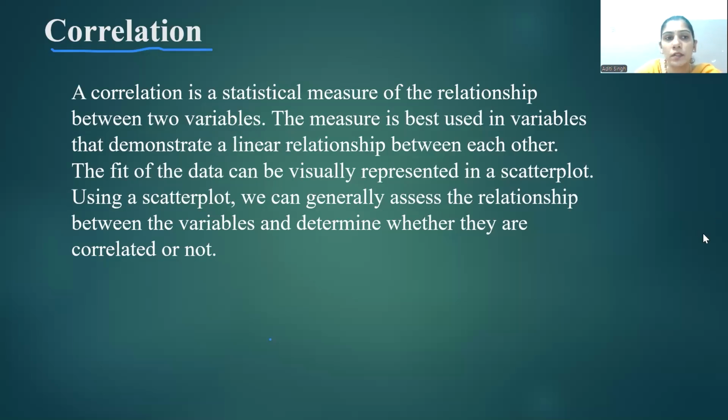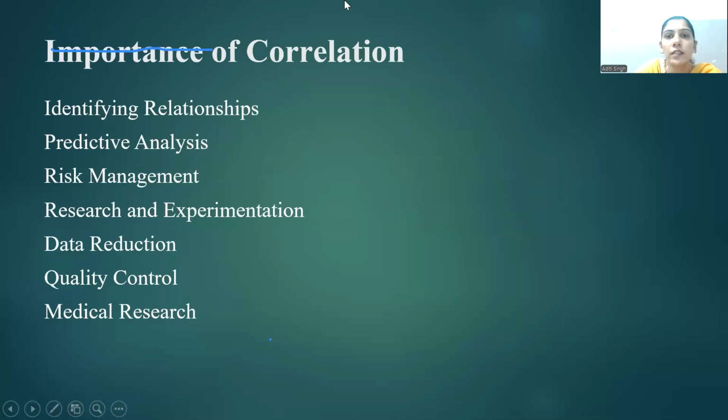Now let's understand the importance of correlation. Correlation helps in identifying the relationship among the variables. It helps in predictive analysis. It helps in risk management. It helps in research and experiment, as various researchers use correlation analysis in their research.